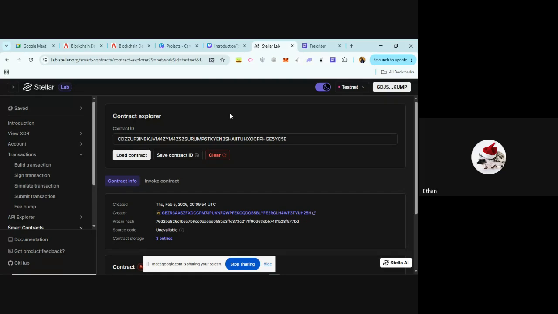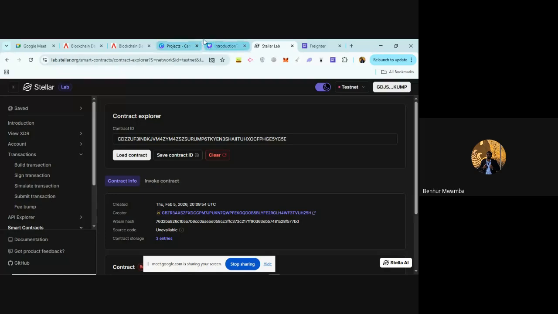Because from what I understand, a single block in a blockchain is limited in how much data it can hold. So if you're going to put megabytes of code into a smart contract, would you not be limited? Yes, there's a limit. And this is all Rust. Okay, thank you.